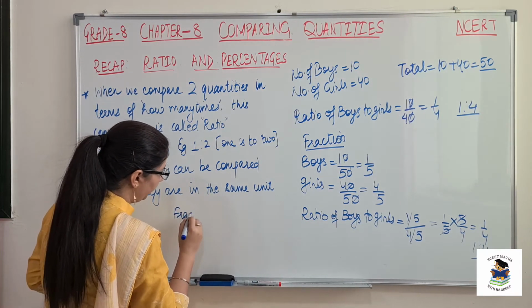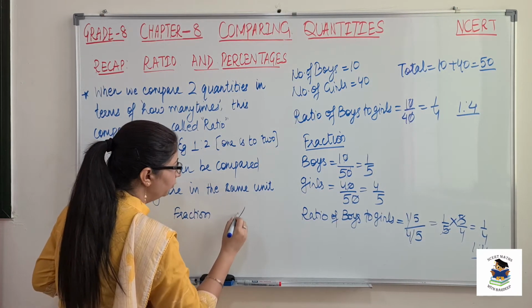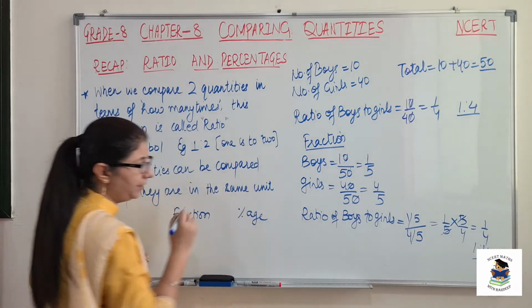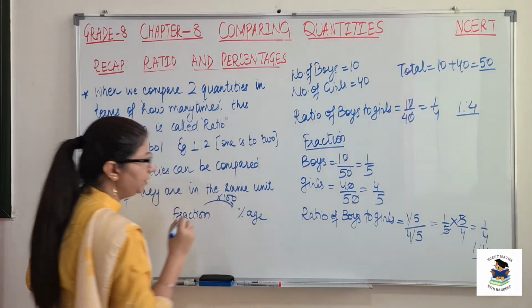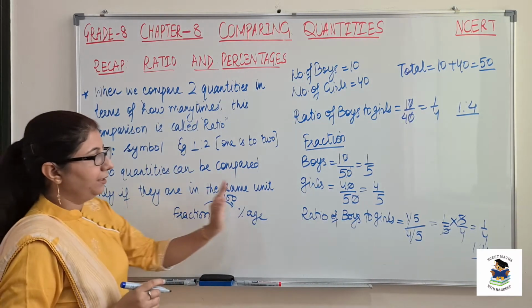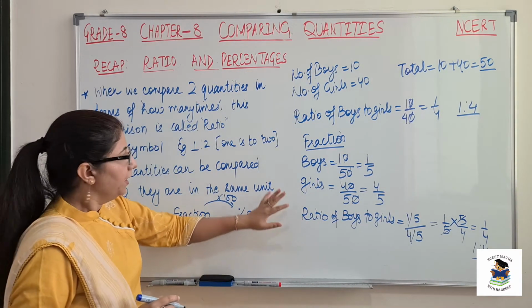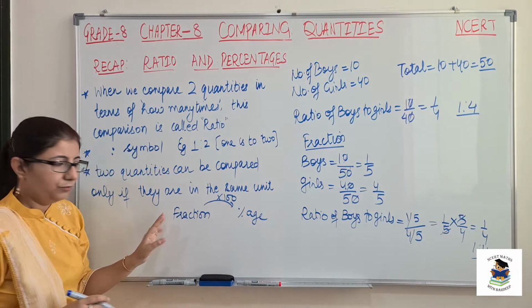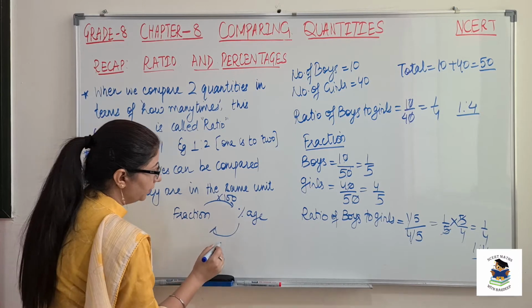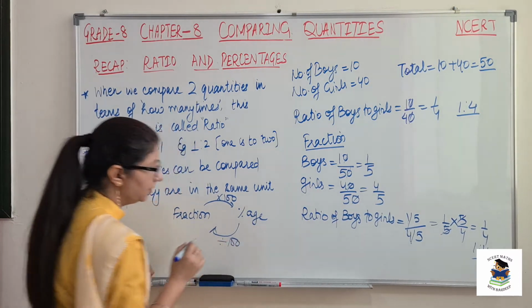Whenever you have a fraction and you want to convert this into percentage, you will multiply this with 100. Then you can directly get the percentage. If the percentage is already given and you want to convert this back into a fraction, then we will do the reverse, that is, divide by 100.